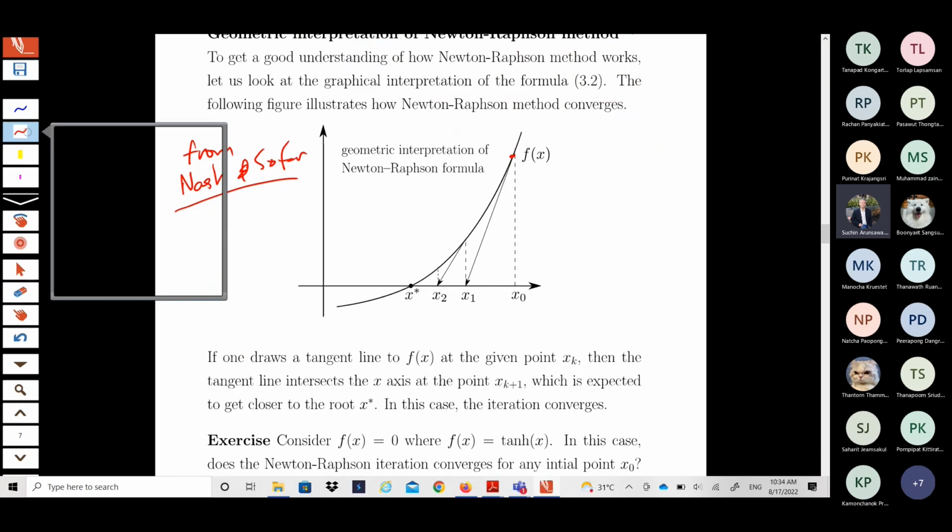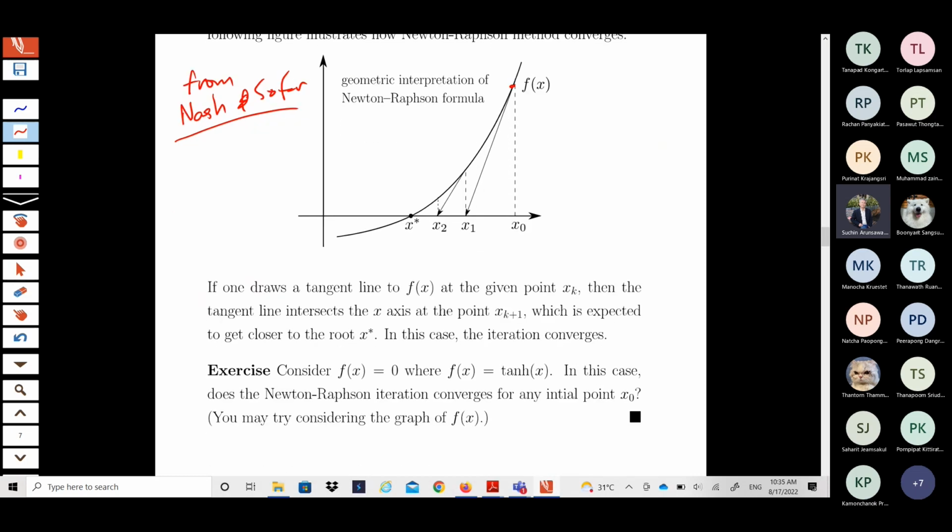Now look at this figure. We have the graph of f(x) intersecting the x-axis, and where the graph intersects the x-axis, that's where the solution is. This is the solution.